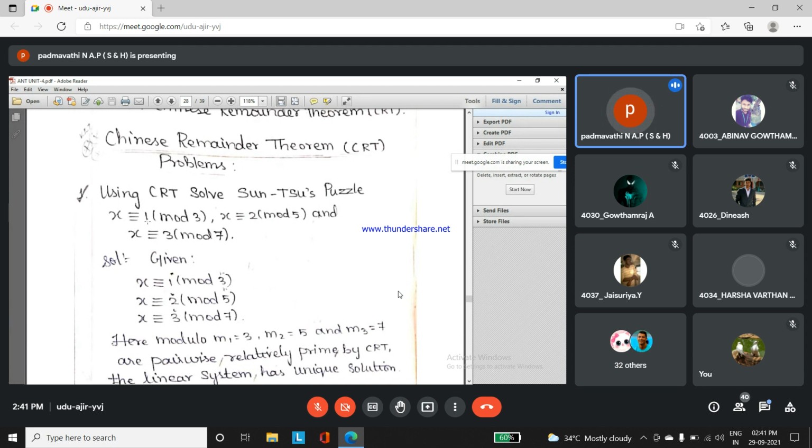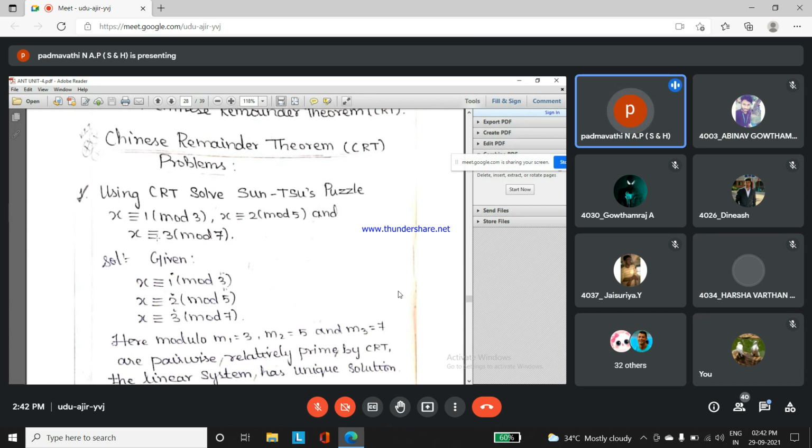So what are A1, A2, A3 here? Now the three equations are given. X is congruent to 1 mod 3, that is A1 mod M1. X is congruent to 2 mod 5, that is A2 mod M2.